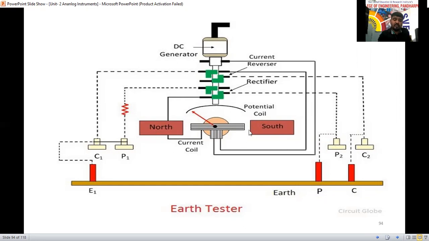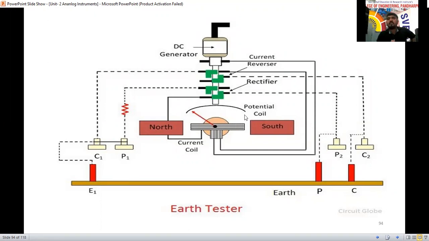In between the fixed magnets, we are using one potential coil. This potential coil is attached to the spindle and the pointer. If it is rotated more, the potential coil will rotate, then the spindle will rotate and the pointer will rotate.